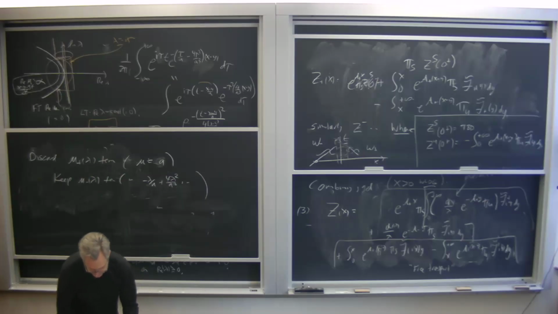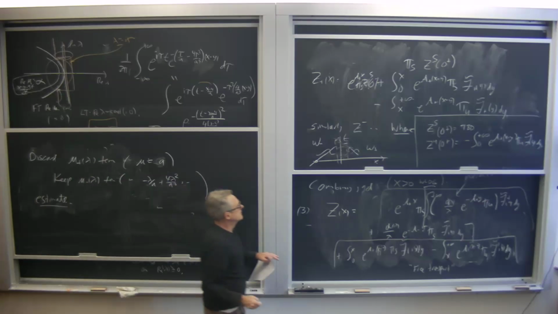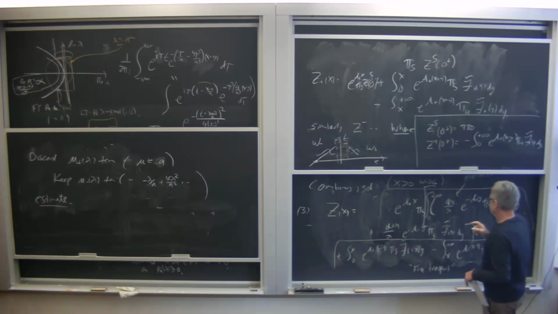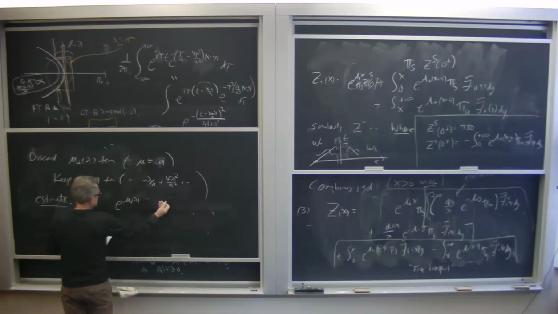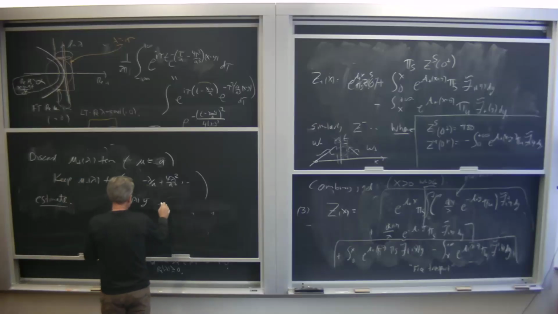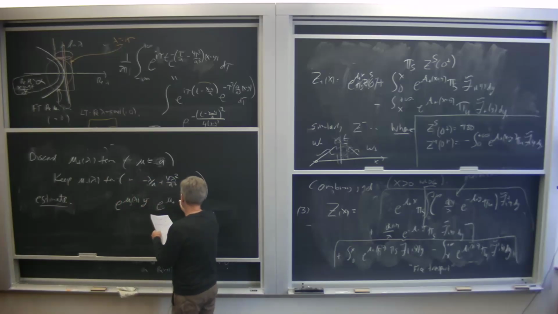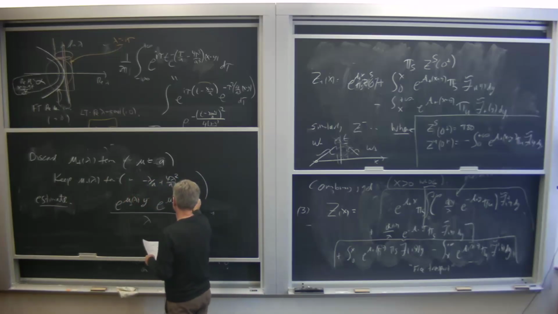Okay, and what we find we have to estimate are terms like, well, the key term is, okay, the most important term is the one with e to the minus y, e to the mu minus of lambda y, and e to the mu minus, mu plus of lambda x.